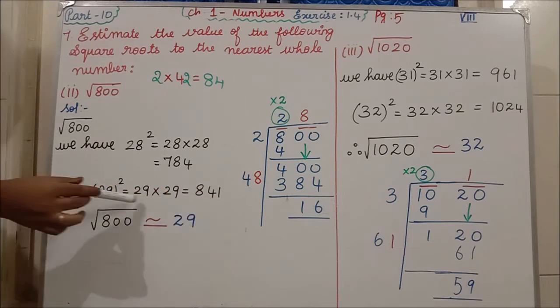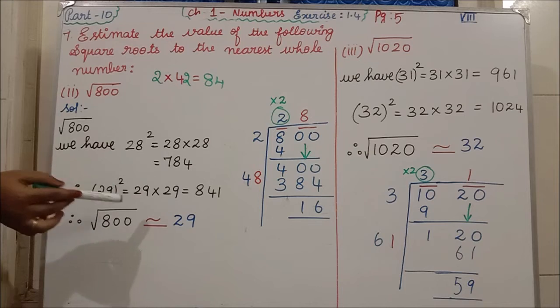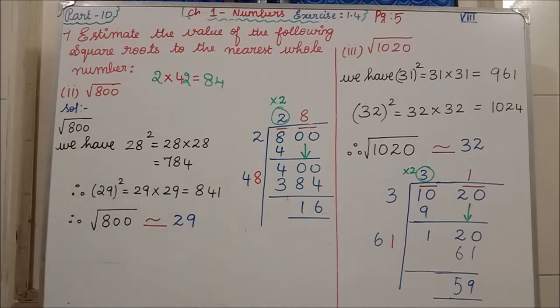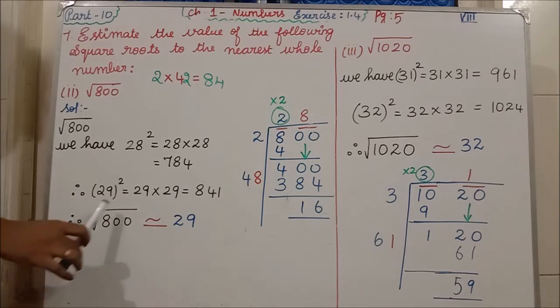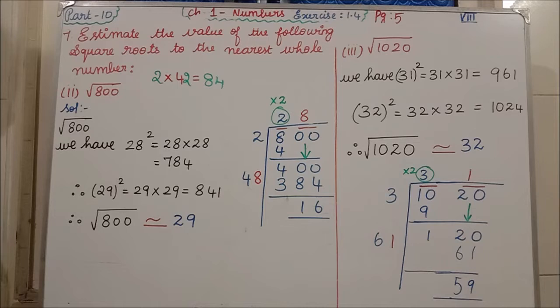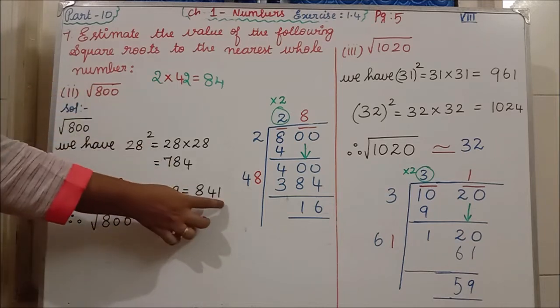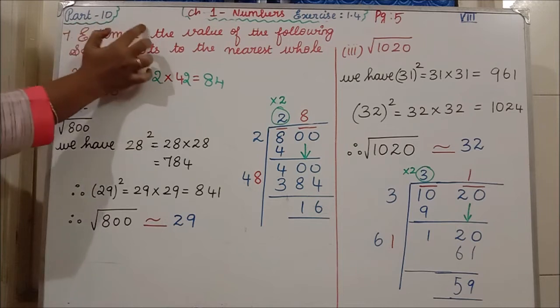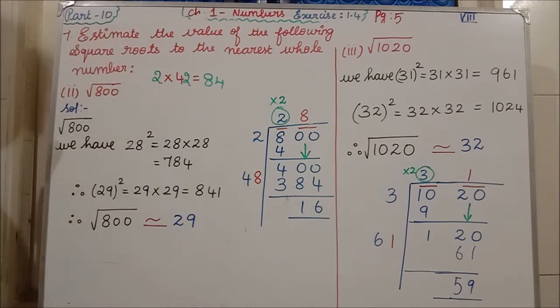So the square root of 800 is approximately equal to 29. Clear all of you? Square root of 800 is approximately equal to 29. Clear? Because 841 only is coming near to 800. So what are they asking in the question? Estimate. They are not asking for the exact answer.